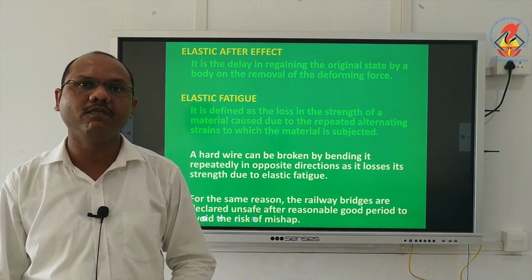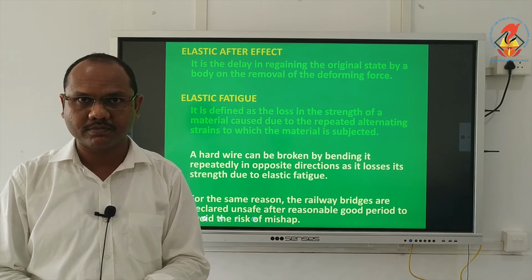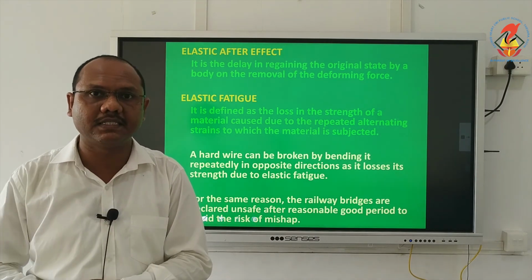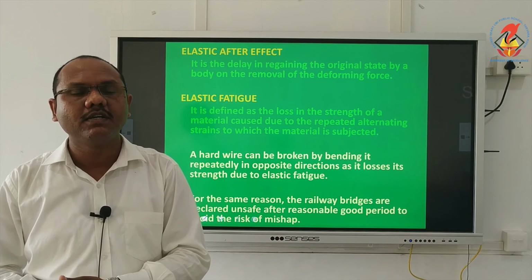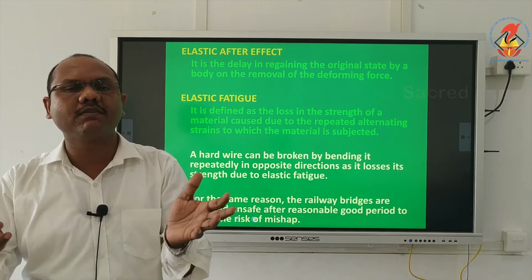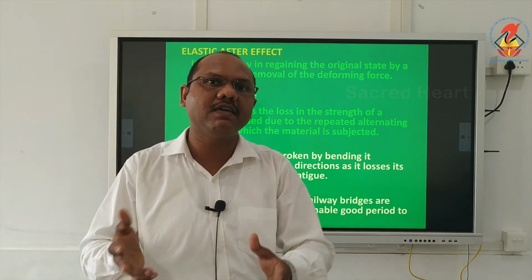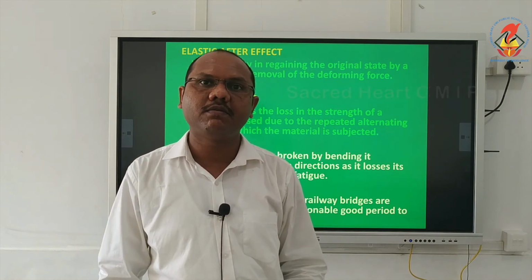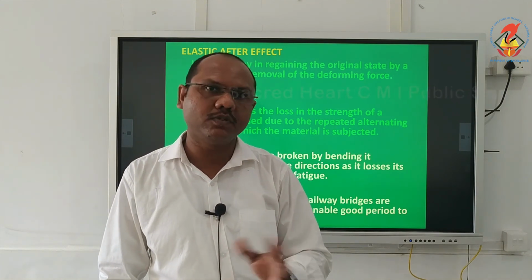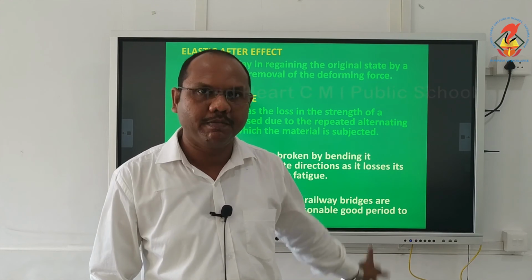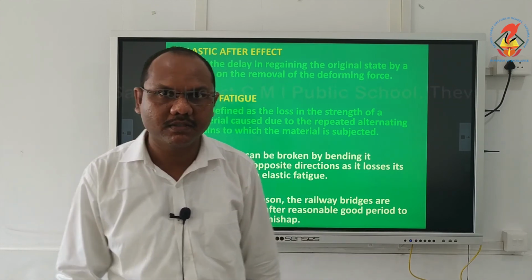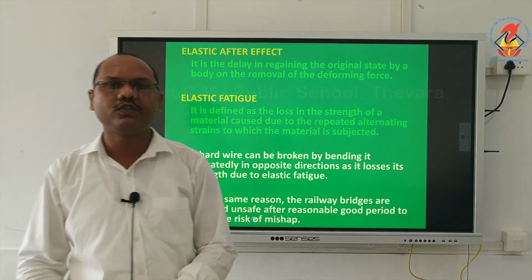That is why we have to replace those rails. When we use bridges, after some 50 or 75 years, we have to make a new bridge. Old bridges are unsafe because they will reach elastic fatigue. So, that is all for today.